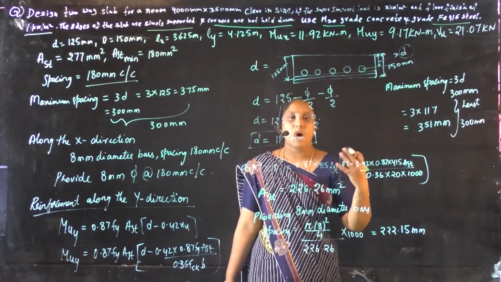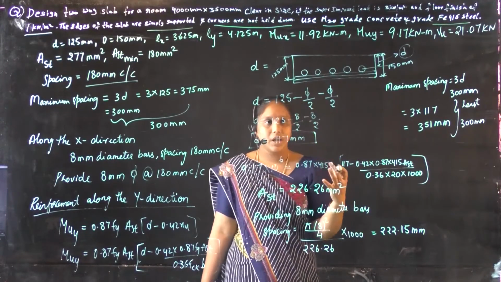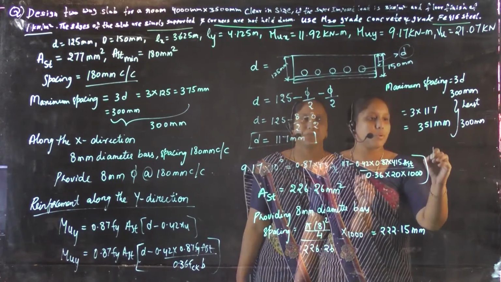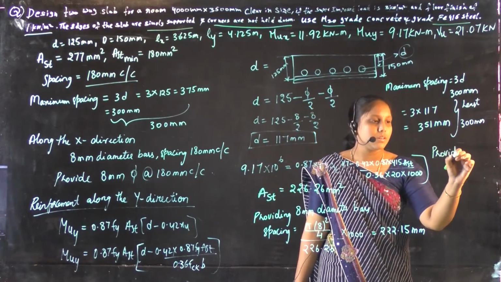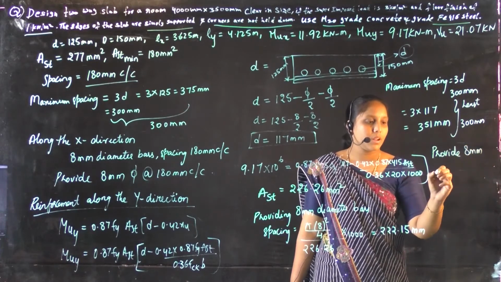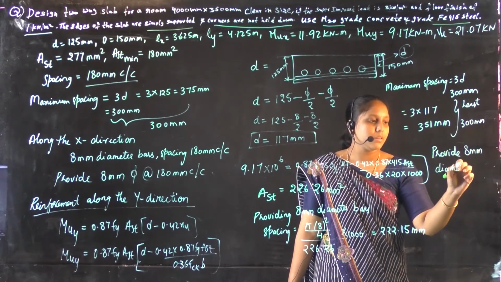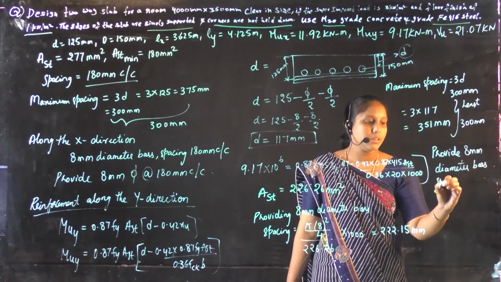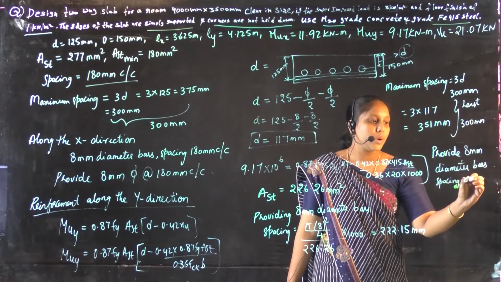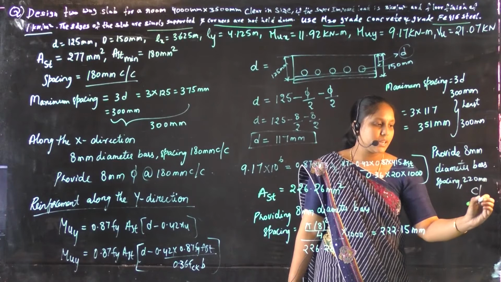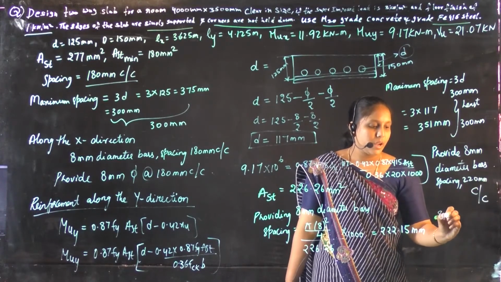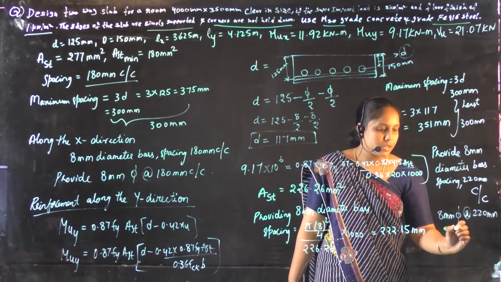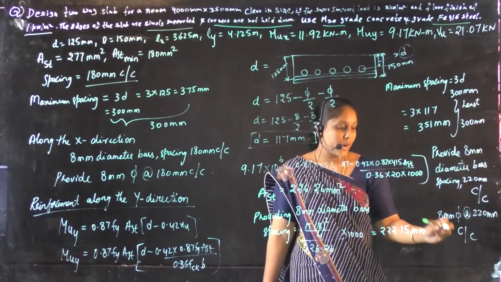So what I am doing, we are providing 8 mm diameter bars in the Y direction. Provide 8 mm diameter bars, spacing 220 mm center to center, that is 8 mm diameter bars at the rate 220 mm center to center is provided along which direction?